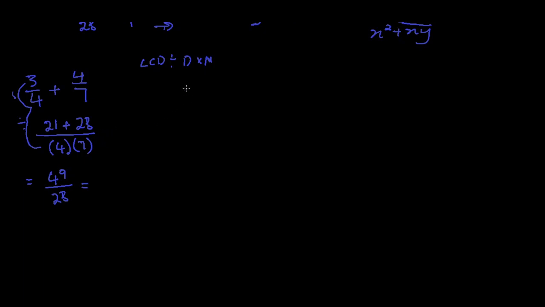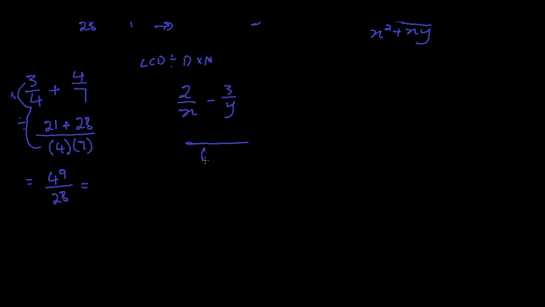Okay, so for this one, since in the first example we added, we're going to subtract here. So it's going to be 2 over x minus 3 over y. Same concept as above, same concept as to your left. We're going to look for our lowest common denominator, whereby you just multiply your denominators basically.